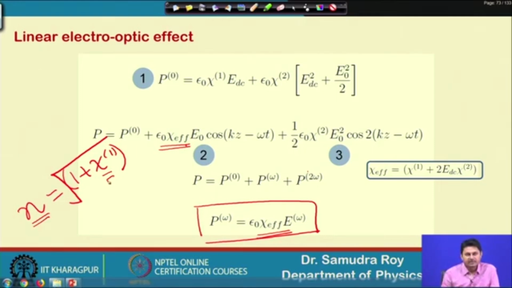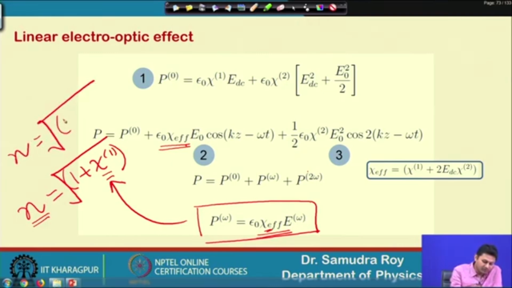After applying the DC electric field, my susceptibility term is now modified by this effective susceptibility. Since the effective susceptibility is modified, I should write my n from this equation as root over 1 plus the effective susceptibility.